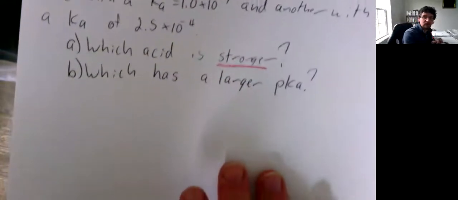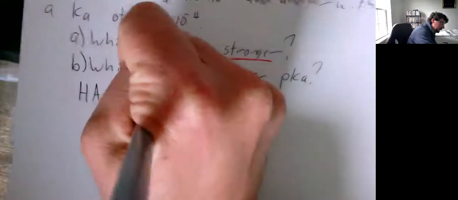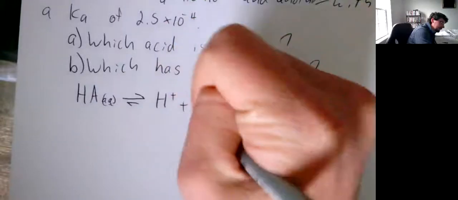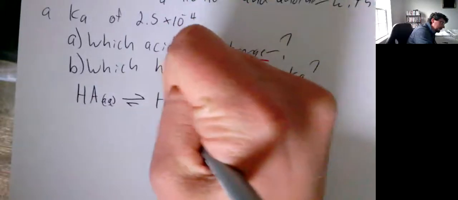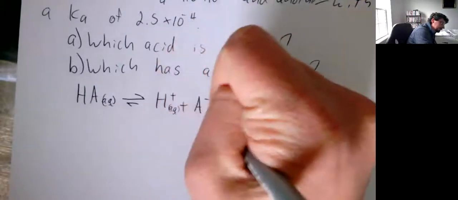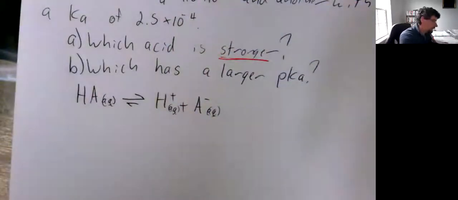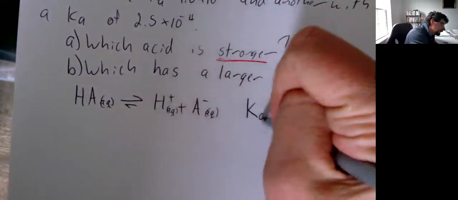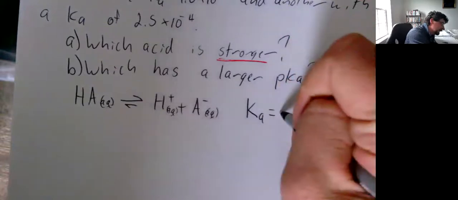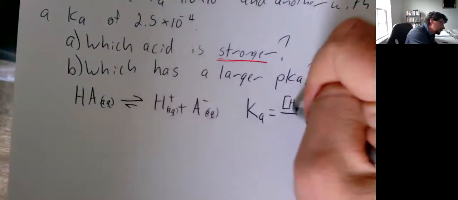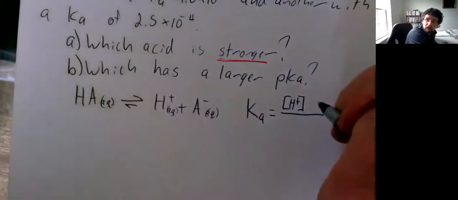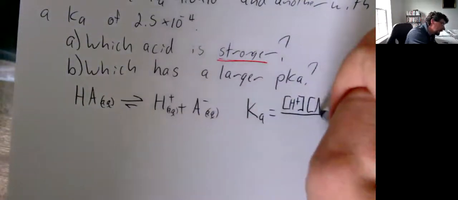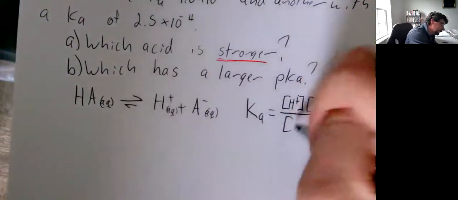So let's consider a generic reaction with a monoprotic acid. So we have HA, it's an equilibrium. We get H plus and A minus. If we write out the equilibrium constant expression for this, the Ka, the acid dissociation constant, we get H plus, remember, it's always products over reactants, A minus over HA.